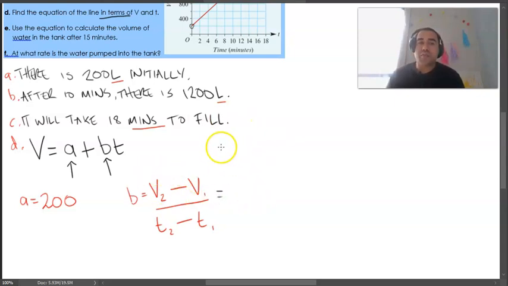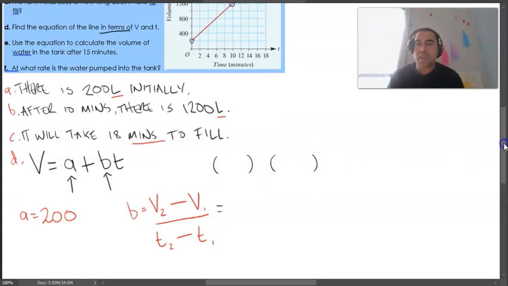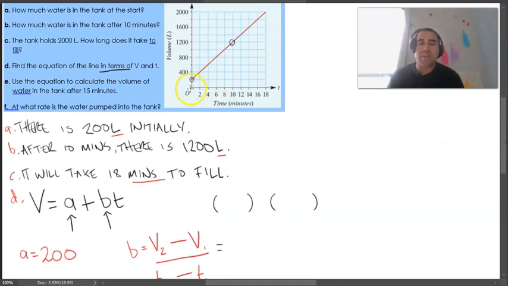Now, I'm going to choose my two different points. So I can use my initial one. When the time frame is equal to 0, our volume is 200, and when the time frame is equal to, let's use 10, we can use 10. When the time frame is equal to 10, the volume is equal to 1200.